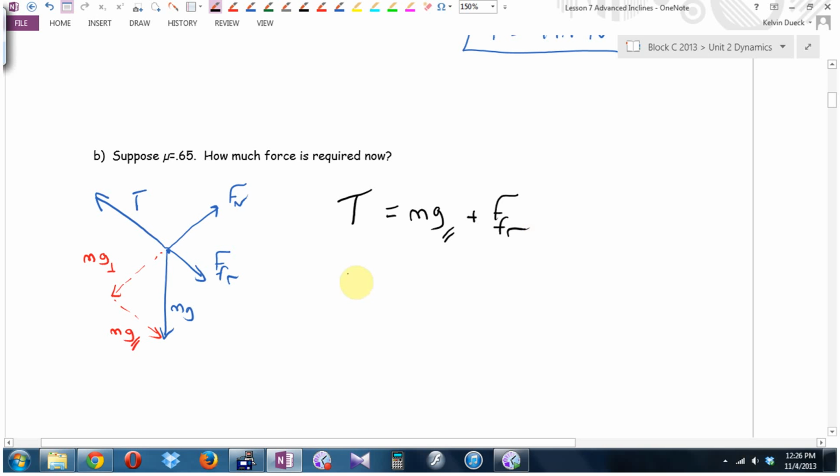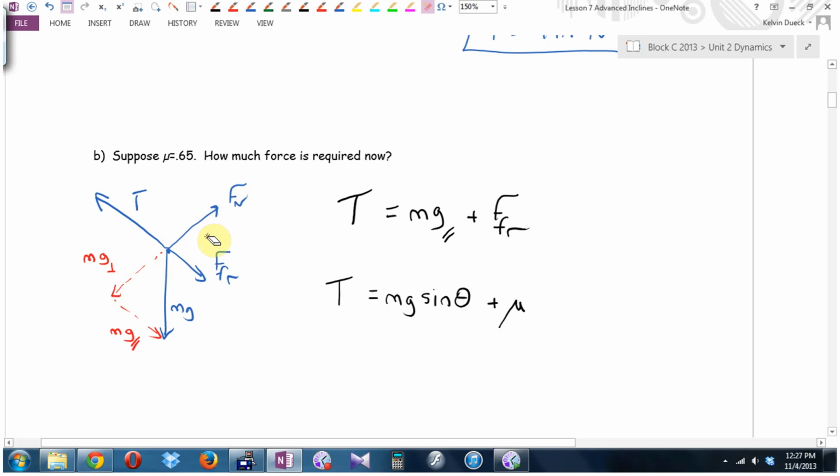I would say tension is canceling out mg parallel, which we already said was mg sine theta, plus friction, which is mu times the normal force. I don't know the normal force. Oh, but look. I know another force the same size as the normal force.